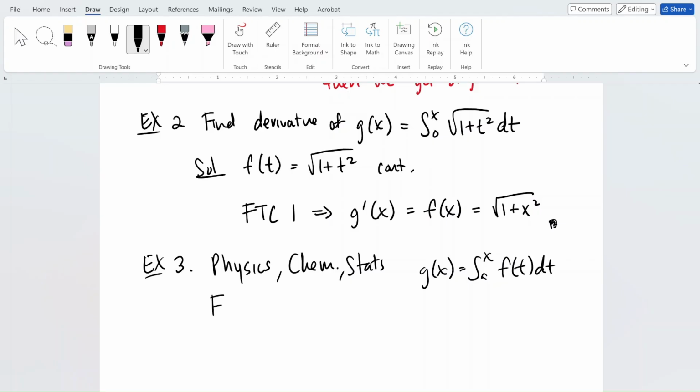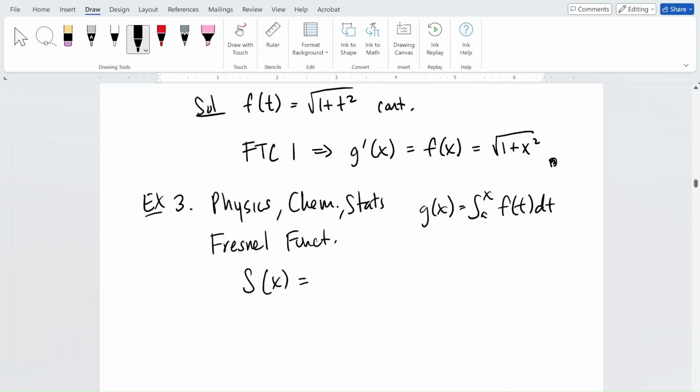And there's a function called, I think, Fresnel, if I pronounced it correctly, which is represented by capital S of x, defined as the integral from 0 to x of sine of pi t squared divided by 2 dt. Based on your knowledge right now, it's a pain to find the derivative of this function. In fact, we don't even know how to find the integral of this that well yet, because there are so many techniques out there.